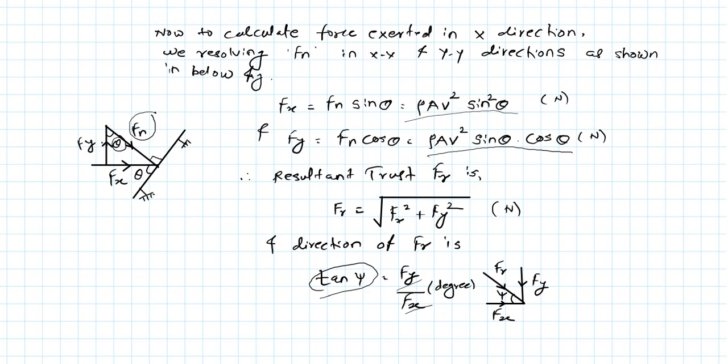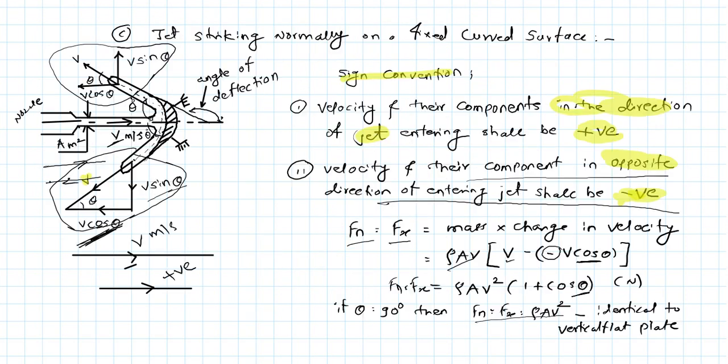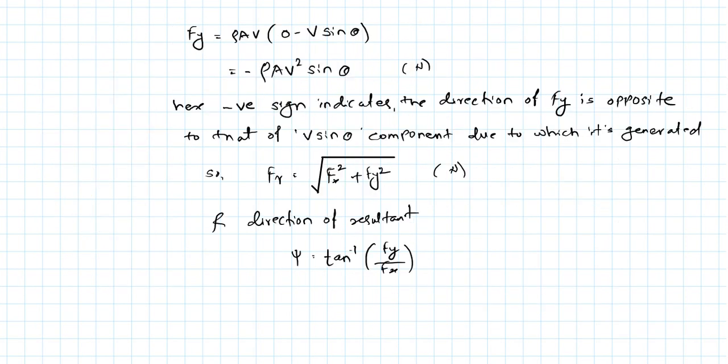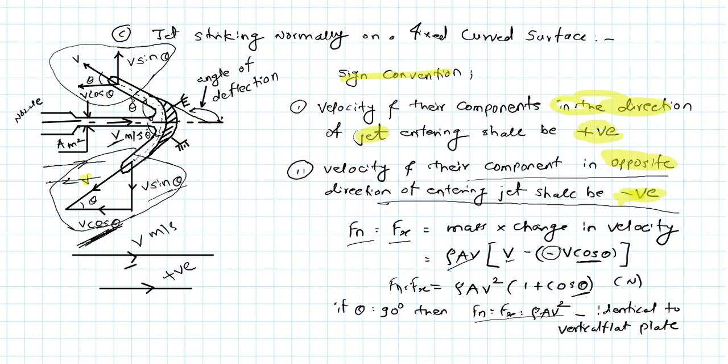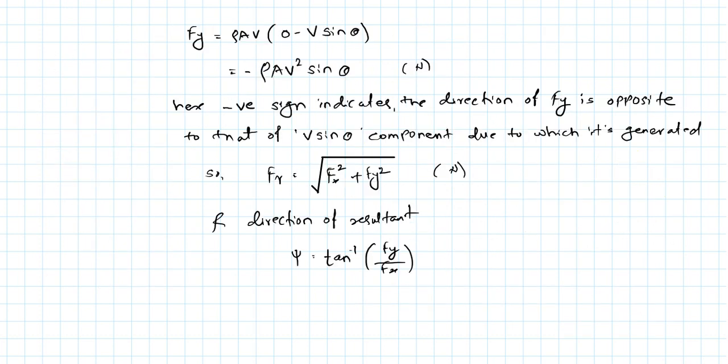Now we have to calculate force Fy. If we see the inlet triangle, there is no velocity or any velocity component in the y direction. So the initial velocity is 0, and in the y direction at exit it is v sin theta. So Fy is equal to mass rho a v times (0 minus v sin theta).